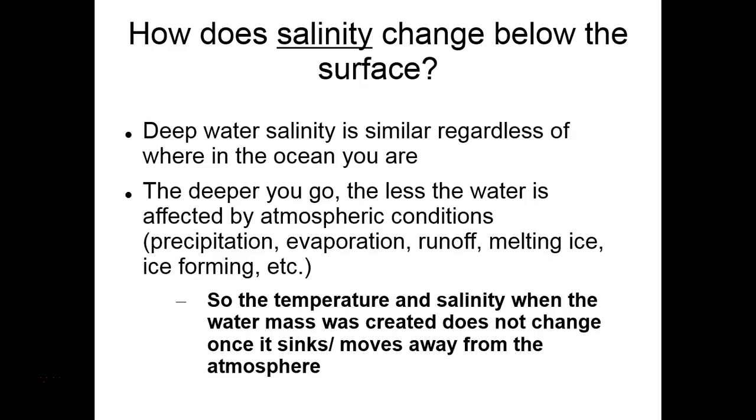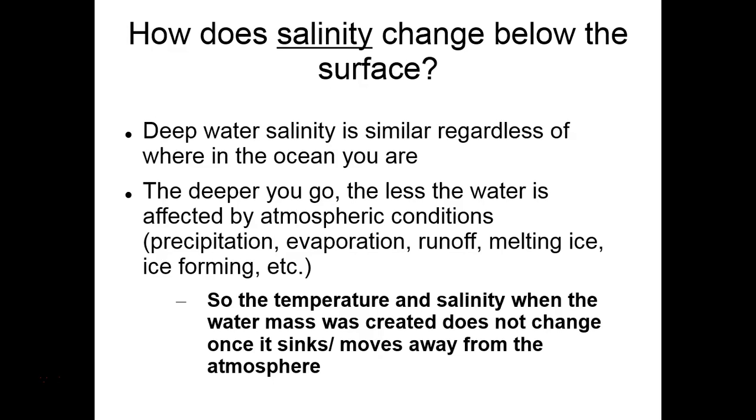Okay, so the deeper you go, the less the water is affected by atmospheric conditions such as precipitation and evaporation. So the temperature and salinity when the water mass was created does not change once it sinks or moves away from that atmosphere.